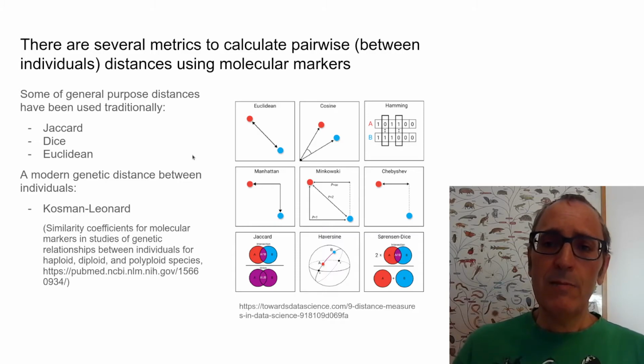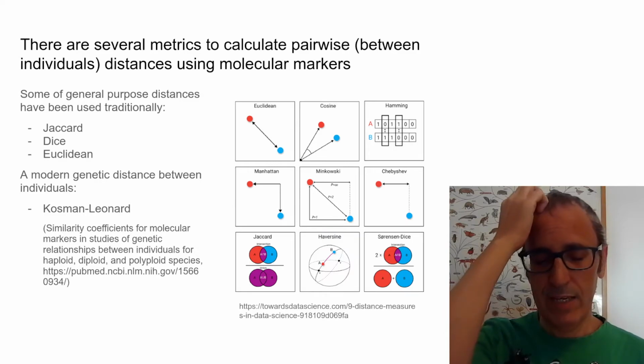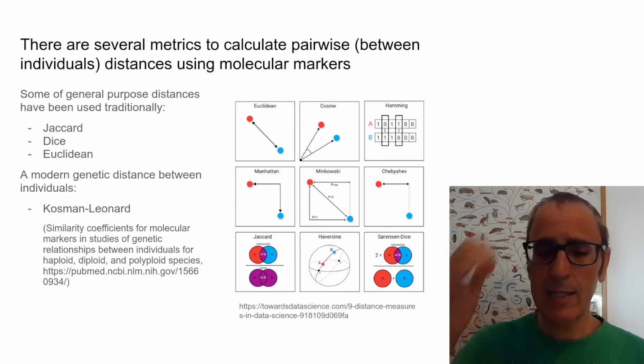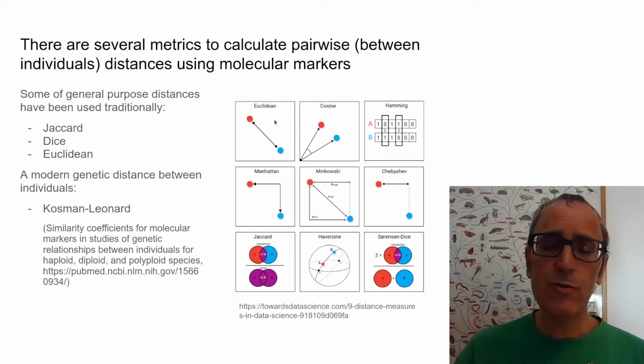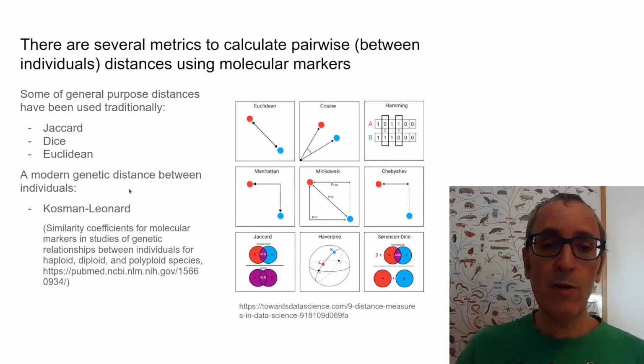It depends on the marker that you have, if they are dominant markers or things like that. You could choose one measure over the other, but if you have SNPs, one commonly used measure is called Cosman measure. Here you have the reference for this measure.